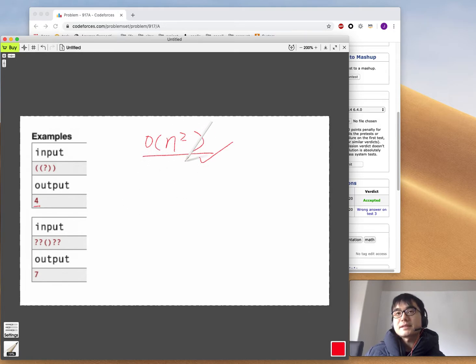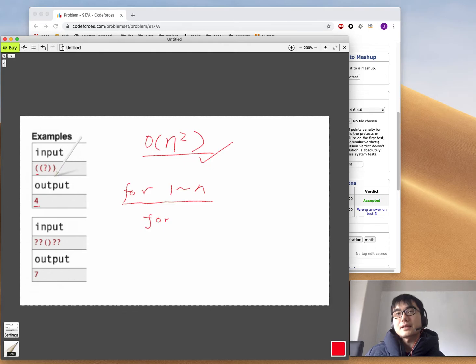So with that being said, we are going to have two for loops. The first for loop iterates all the start positions. We can start from the first, second, all the way to n, right? And the second for loop iterates all of those ending positions.